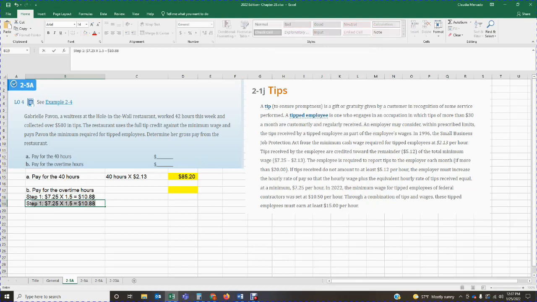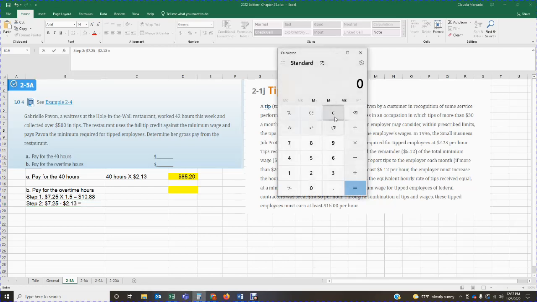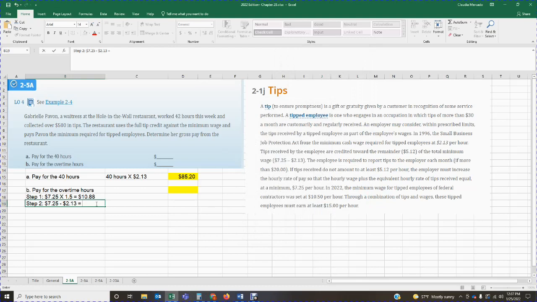Now, step number 2 is determining the credit that we're going to give to this employer because the employee made way more than the minimum wage required. We know that the minimum wage is $7.25. I'm going to subtract from that the minimum wage for being a tipped employee, which is $2.13. $7.25 minus $2.13 gives me a credit of $5.12.